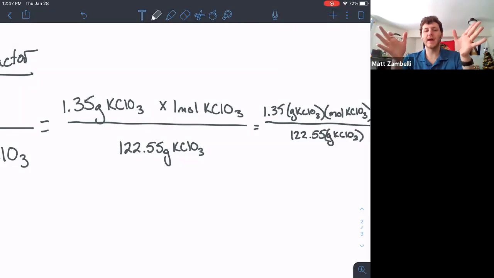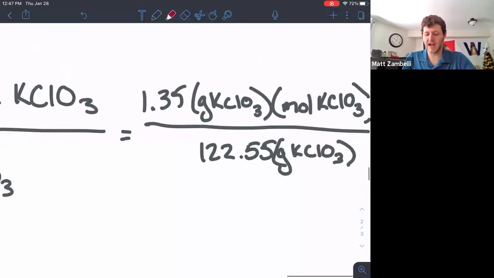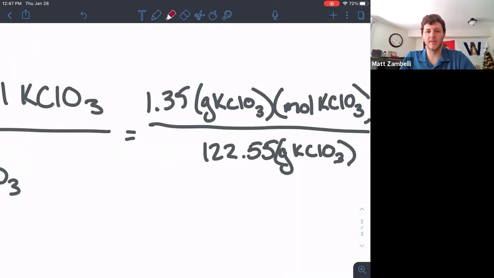Just like in math class with our X's and Y's, those variables, what happens if you see the same thing on top and on the bottom of a division line? What's going to happen to our grams of KClO3?